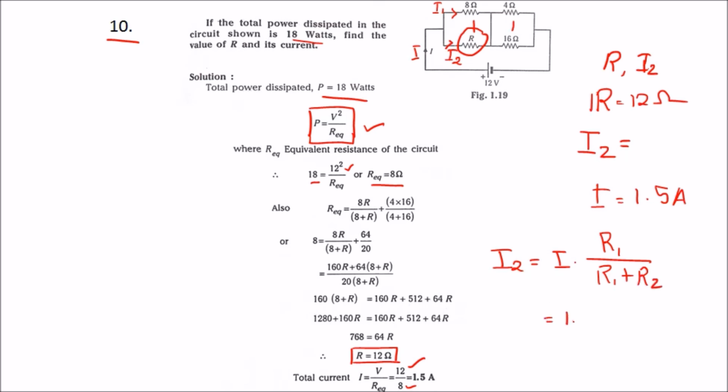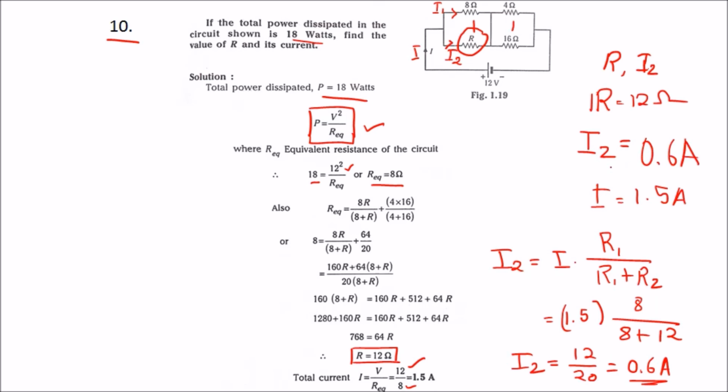Here I is 1.5, R1 is 8, and we found R2 is 12. Using this, we get 12 by 20, which is 0.6. So the I2 value will be 0.6 amps. The resistance value is R and its current is 0.6 amps, and the total current is 1.5 amps.